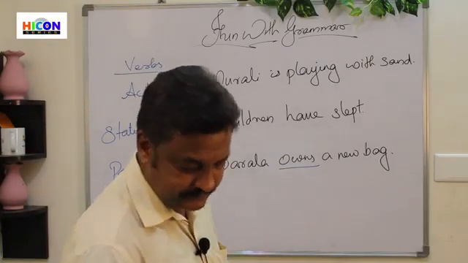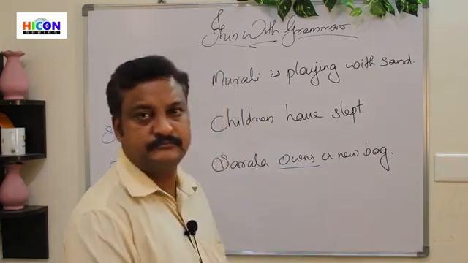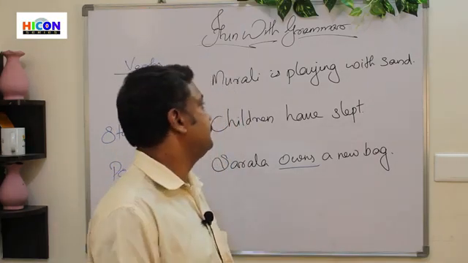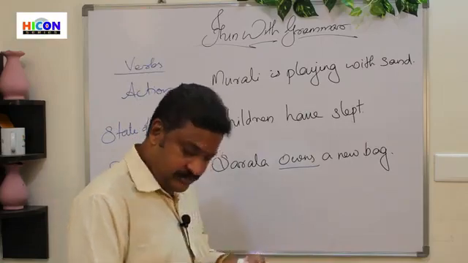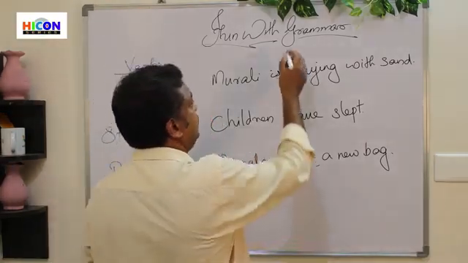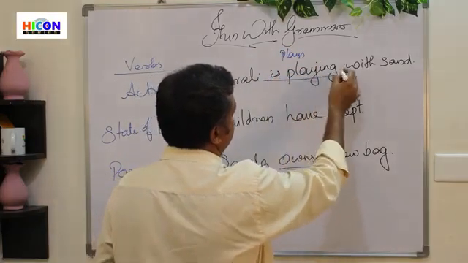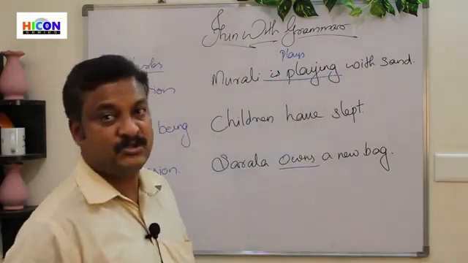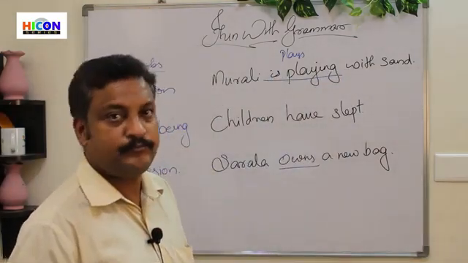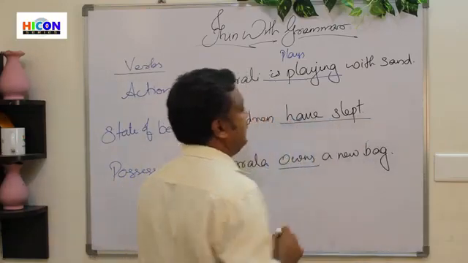Sarala owns a new bag. Now, here in two sentences we have made some changes. Earlier it was plays. Now he is playing. Two words are there, is playing. Here, have slept.